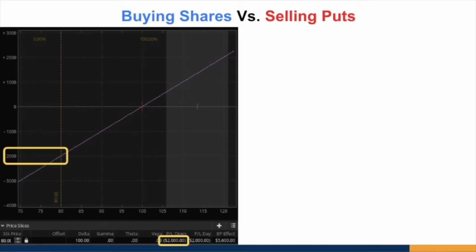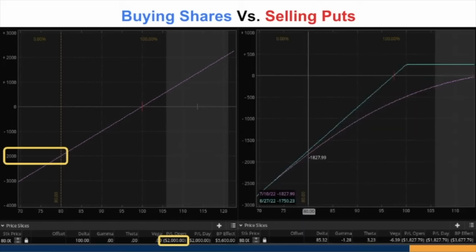So if the shares lose $2,000, how much do you lose when you're selling puts? This is the short put graph, at expiration. This is how much you stand to make or lose. And this is right now; each day as time passes, this curve down here will slowly go up to match this curve.